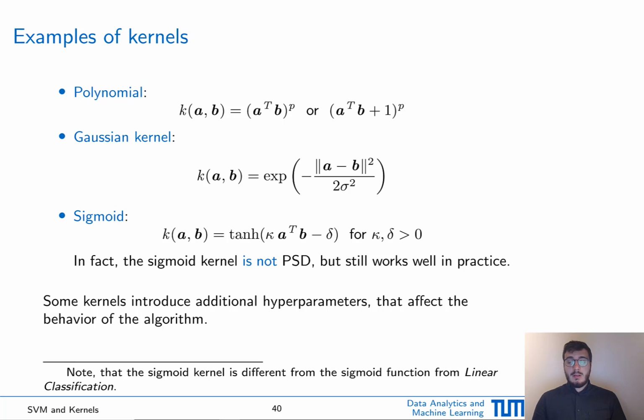The Gaussian kernel is actually one of the most commonly used kernels, and this is one of the cases in which this kernel actually corresponds to a dot product in an infinite dimensional feature space.